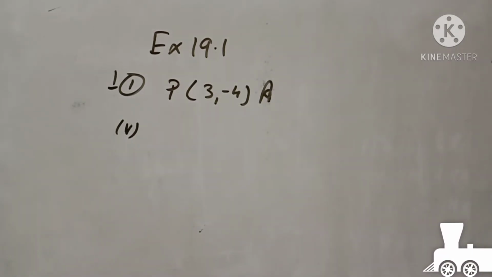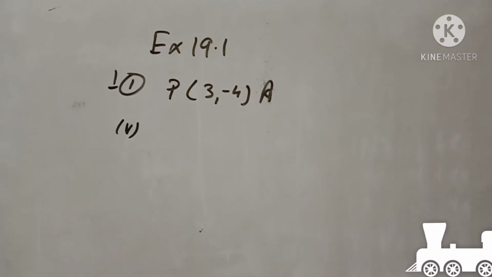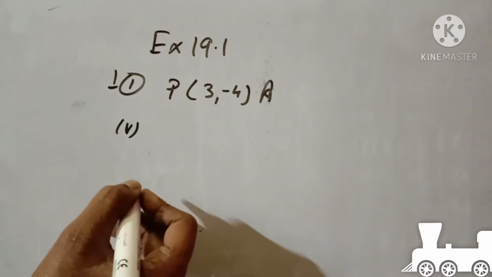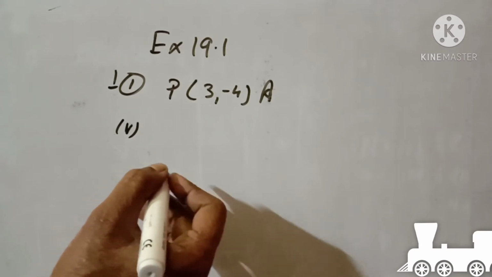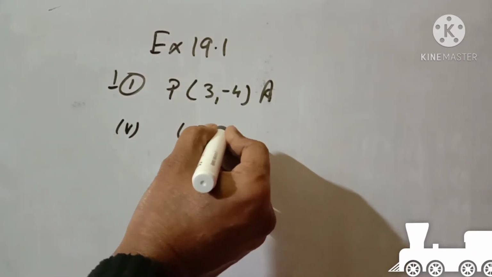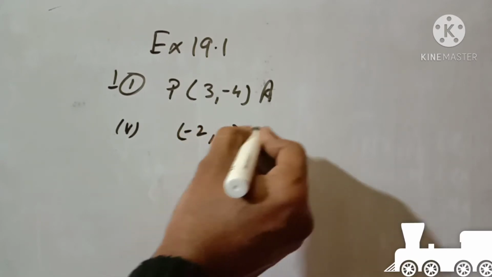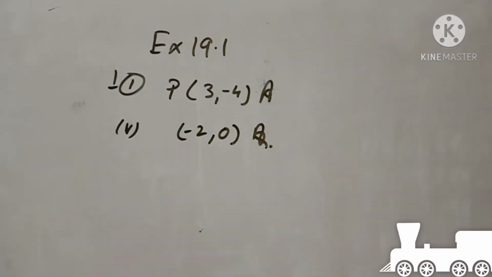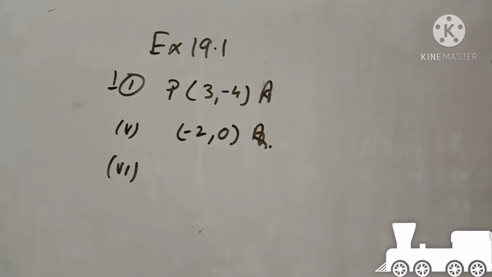If it is on the x-axis, whatever the abscissa is given, in the ordinate place we have to write 0. Here abscissa is given minus 2, and because it is on the x-axis, the ordinate will be 0 only. Write down please.